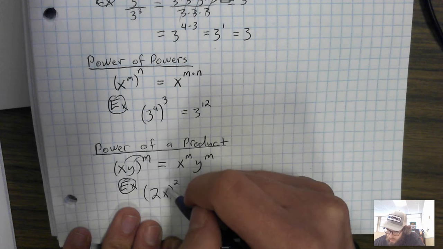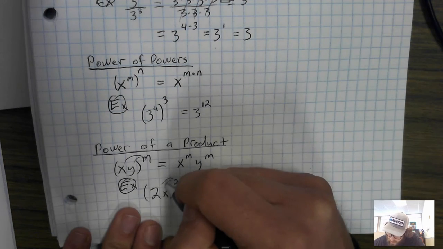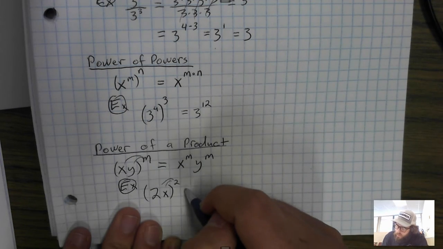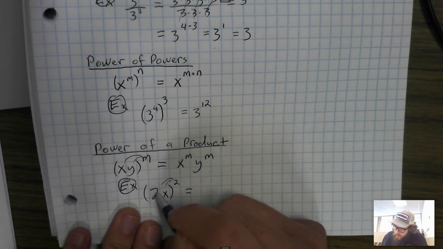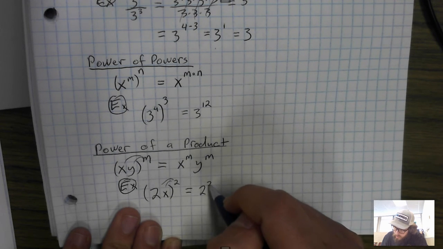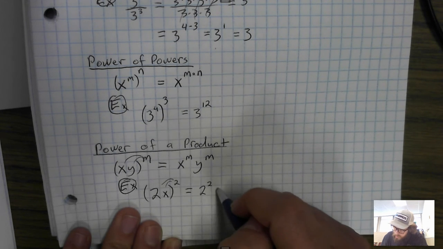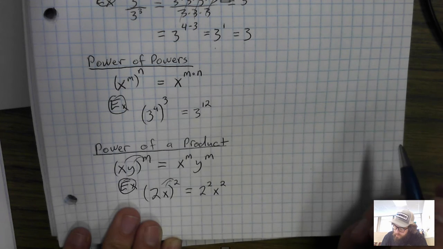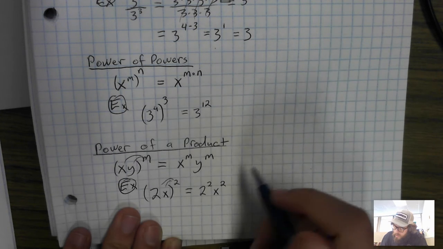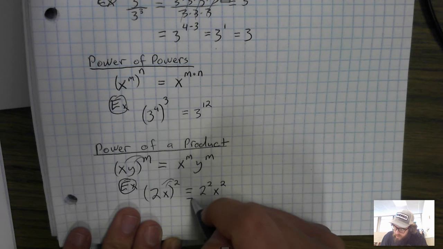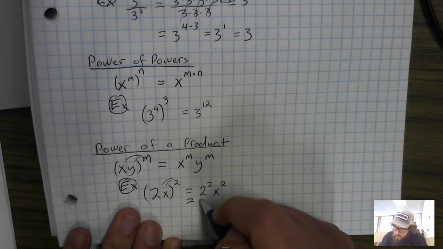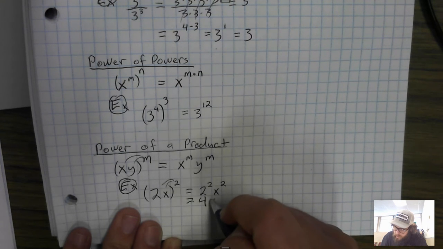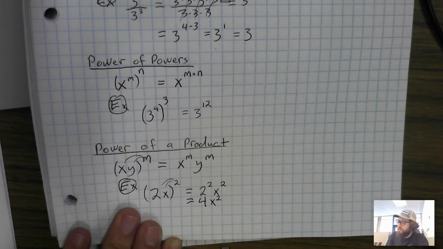And what I'm going to do is shower that power down. So now I'll get 2 to the second, or 2 squared, and then I've got my x to the second, or x squared. And I'll always want you to simplify that further, because 2 squared, 2 times 2, is 4. So the final answer there would be 4x squared.